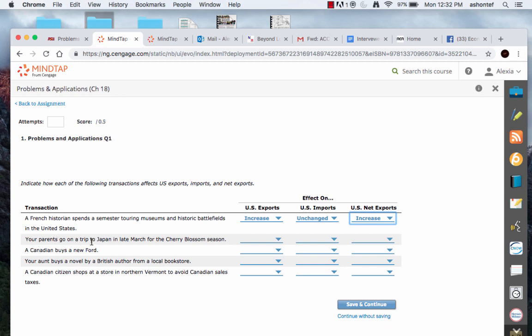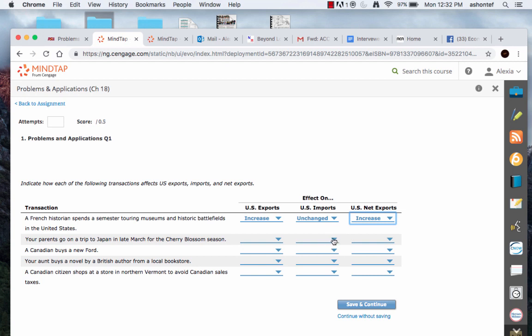Okay, let's do the next one. Your parents go on a trip to Japan in late March for the cherry blossom season. Okay, so this is the opposite of what we just did. So this is now a US person or family going overseas and they are in Japan spending money. So they're spending US money on Japanese products.